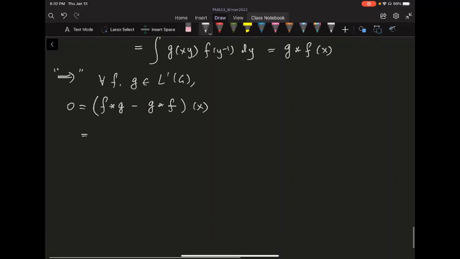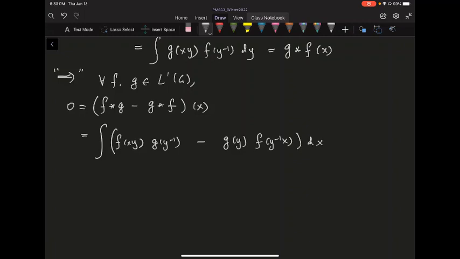Let's write out the integral formula. The first one I can write as the integral of f(xy) g(y inverse), and the second as g(y) f(y inverse x). That's just by definition, where dx again is integration with respect to the Haar measure.